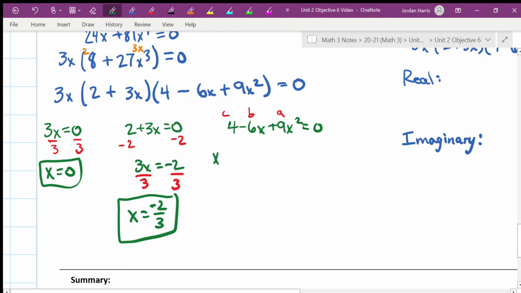So I can set up x equals opposite B plus or minus the square root of b squared minus 4 times a times c. So 4 times 9 times 4. I don't actually know that one off the top of my head, so I need to multiply on a calculator and get 144.